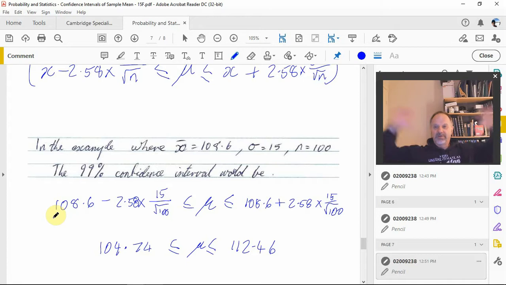Remember, the whole population is 100%, and so to get all of that in, we've got to go wider and wider. All right, so the confidence interval for 99% confidence is 104.74 to 112.46, somewhere in that interval.